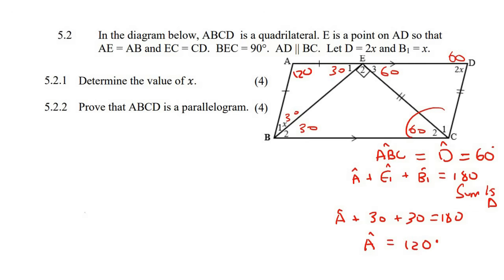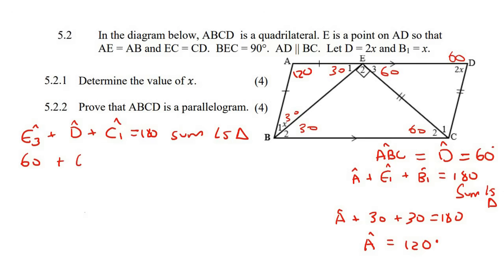Okay, now we're going to work out this angle, but to do that we need C1 first, and to do that we can just work in this triangle. So we could say that angle E3 plus angle D plus angle C1 must add up to 180. Once again, sum of angles in a triangle. So then we could say 60 plus 60 plus angle C1.